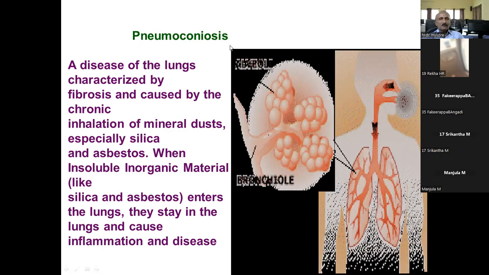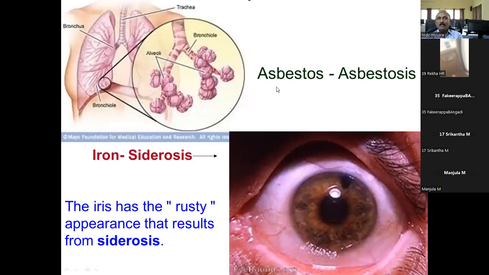Pneumoconiosis is a term used to represent the respiratory problem due to the inhalation of dust particles, wherein individuals are exposed to such dust particulate matter. Once again, pneumoconiosis is nothing but a respiratory problem. There are various types of it. For example, if you are exposed to and take in asbestos particulate matter, it is called asbestosis.